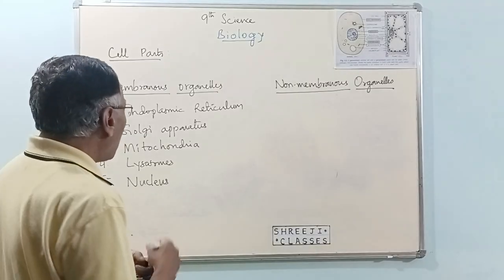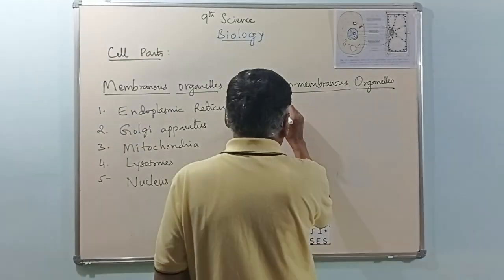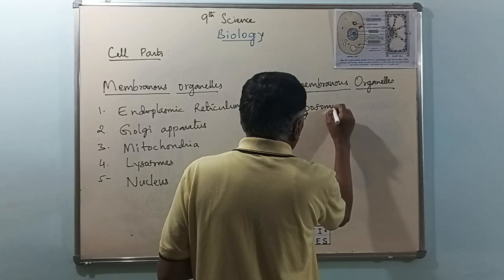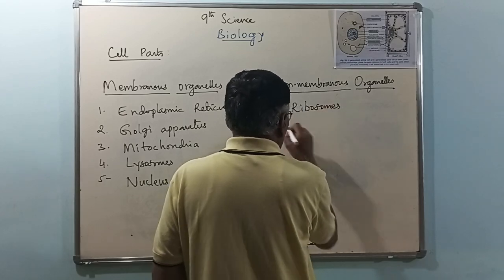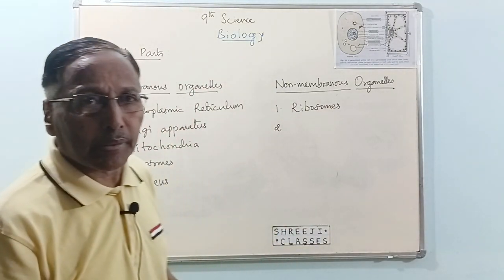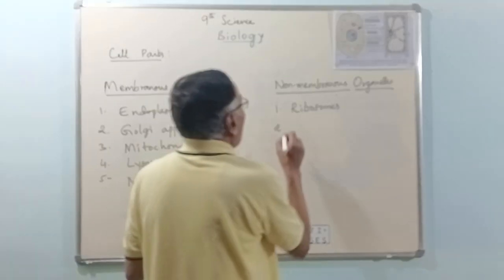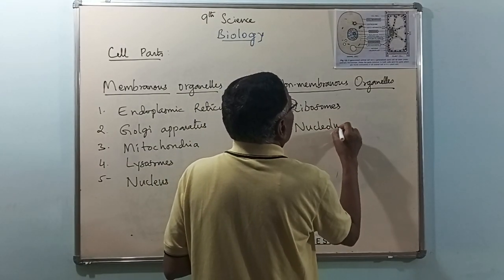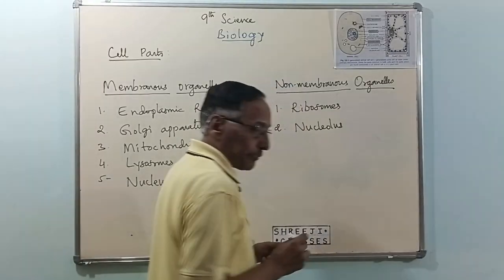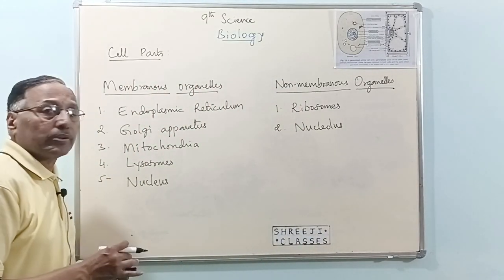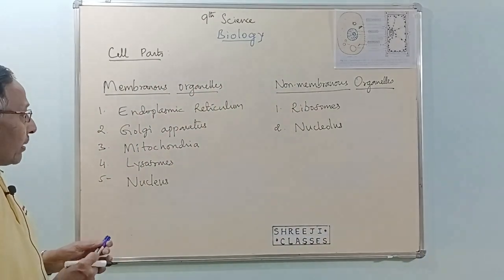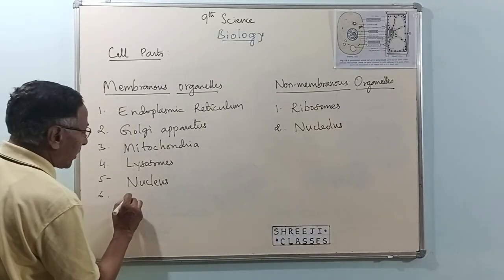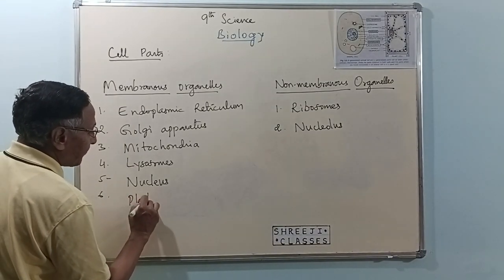Right? What are non-membranous organelles? One is we have ribosomes. We have another one, that is nucleoli or nucleolus. So we have one more, that is your plastids.